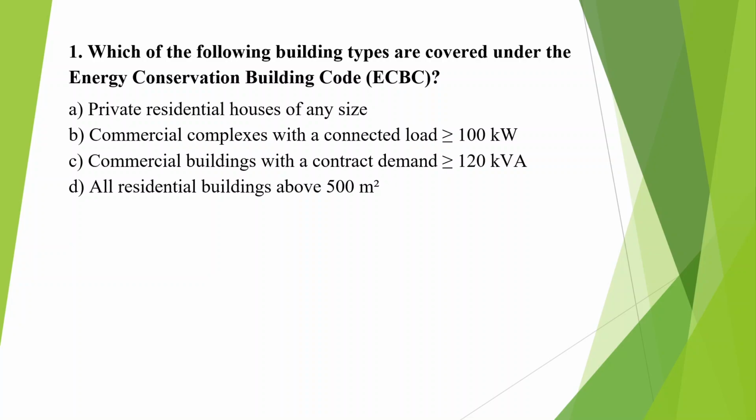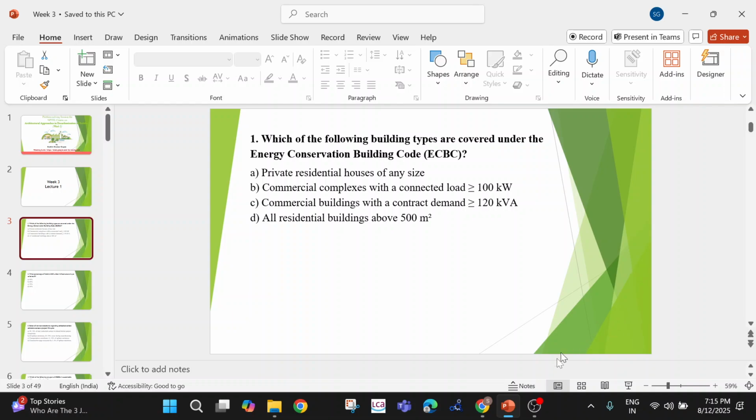Whichever option you think is the most appropriate, give your answer in the chat box. You can choose multiple answers for this question. This question is based on slide number 3 of week 3 lecture 1. If you have studied slide 3, then you must be able to answer this question number 1.